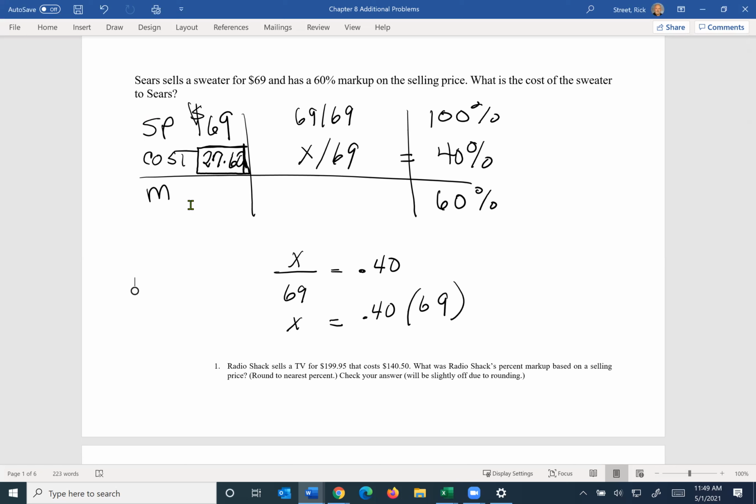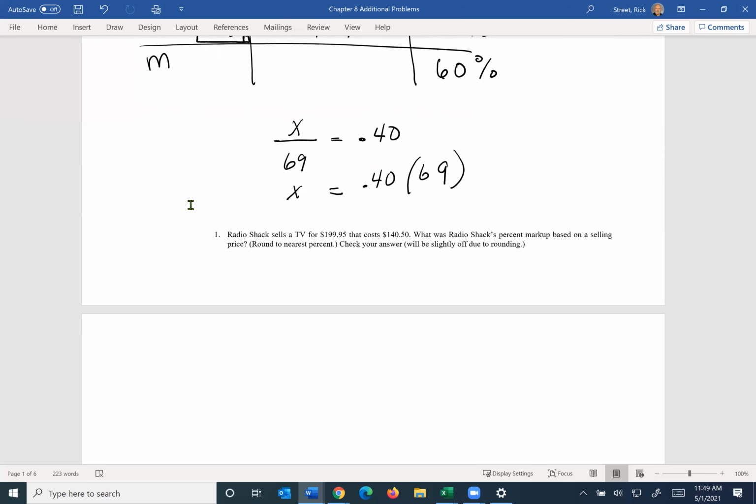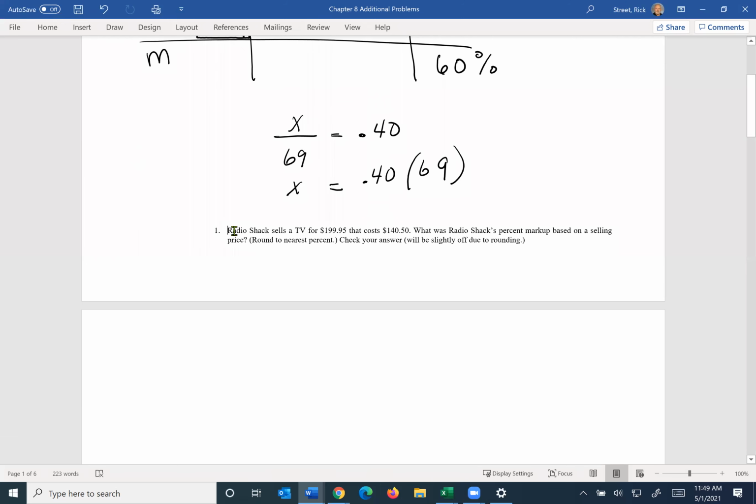Now, if they asked what markup is, you could calculate that just by going 69 minus $27.60. Or you could do the calculation right here. Let's do another one. What happens after you do a few is it just gets easier and easier.